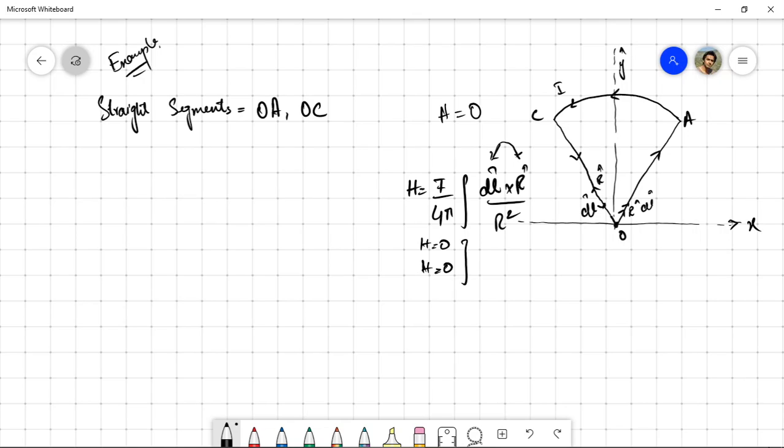But for the curved segment, we'll have to calculate the value of H. If we take a small differential length dl, this will be the direction of dl according to the direction given by the author. What will be the direction of r?